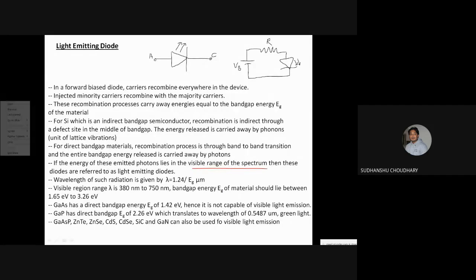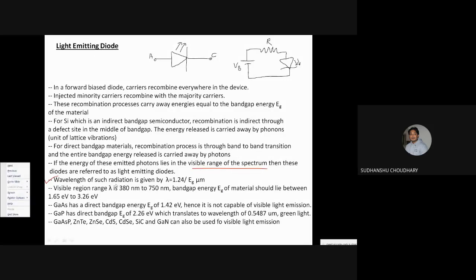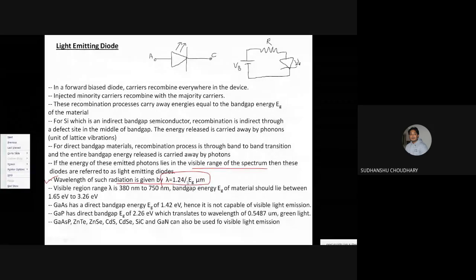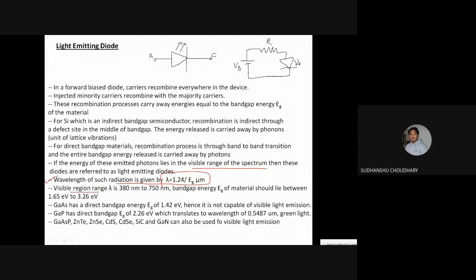Because the wavelength of the radiation coming out from the LED is given by this formula: lambda is proportional to 1.24 divided by the band gap of the material. And we understand that visible light is when lambda falls between 380 nanometer and 750 nanometer. So when the wavelength of the light is between 380 nanometer and 750 nanometer, only then will that light be visible to us.